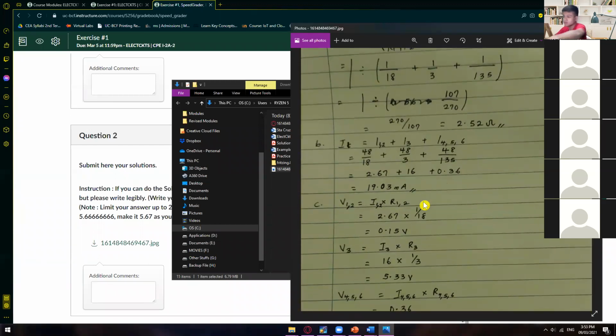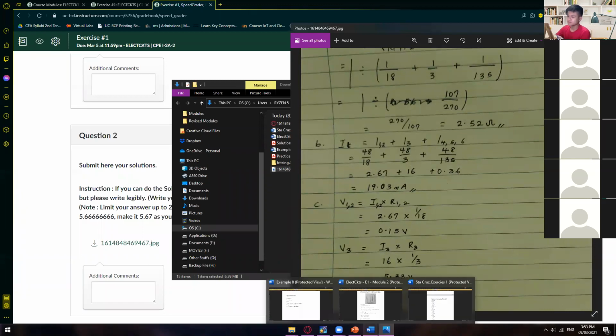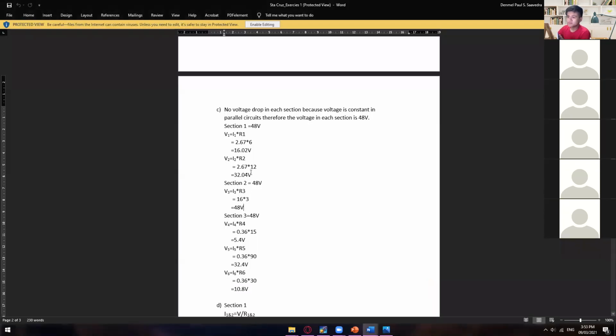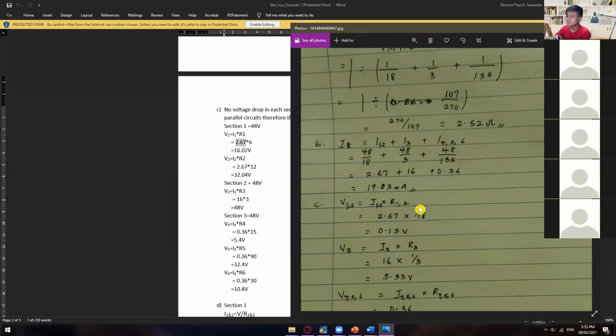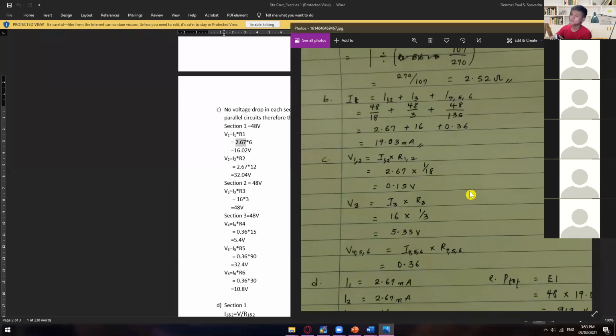Really? It's 2.67, but for the R1, it's times 6. I see. We've computed the VIR. Yeah, you multiplied it using Ohm's law, V equals I times R.